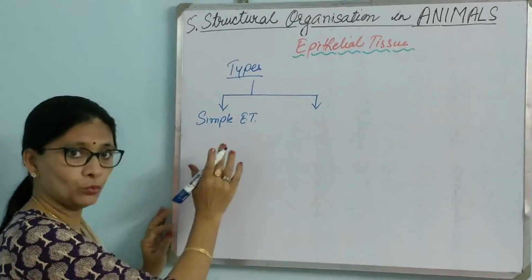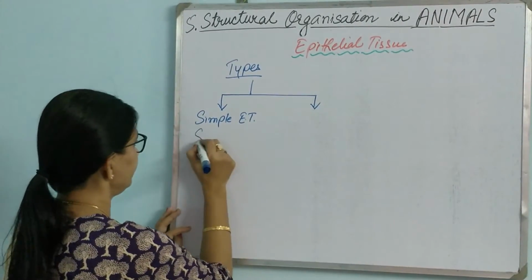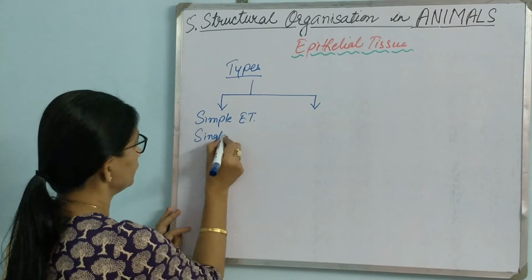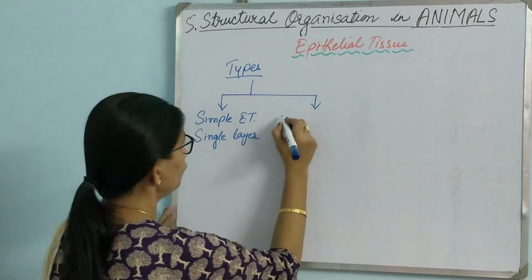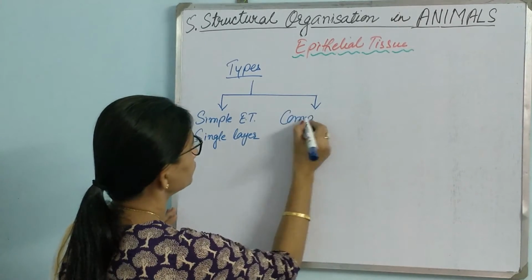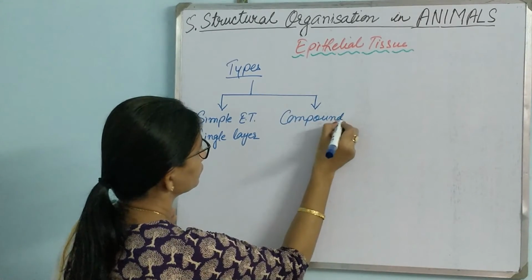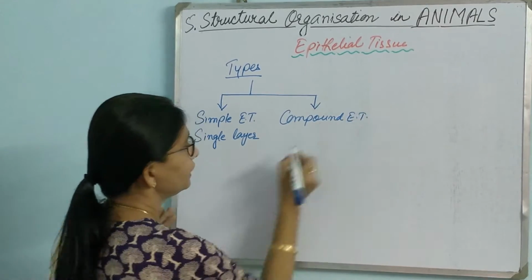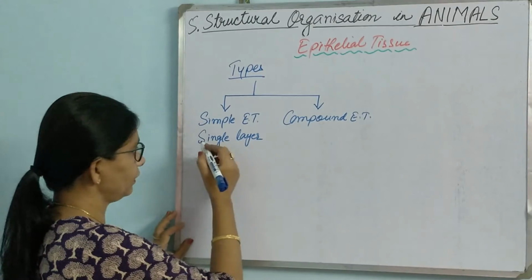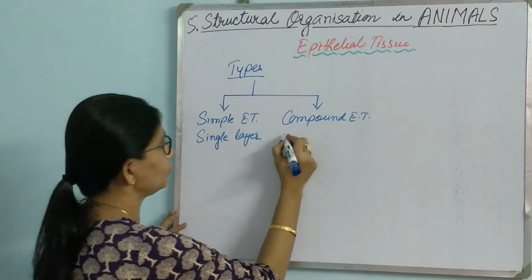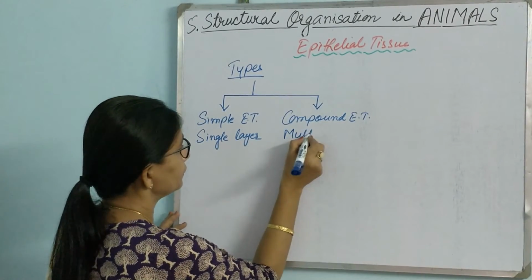Simple epithelial tissue means it is single layered, and this will be compound epithelial tissue. So you can understand by the name itself, this is single layered, so this will be multi-layered.